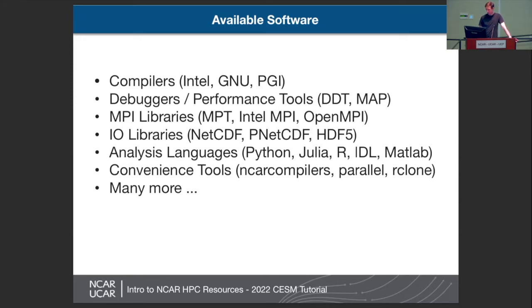Common IO libraries like netcdf and pnetcdf. We have analysis languages like Python and Julia, MATLAB, R, and then convenience tools. So NCAR compilers, things like that, are basic helper programs that we provide that might make your life a little easier. So there's a lot of stuff there. Just use module spider, module list, module avail if you want to see what's on the system.